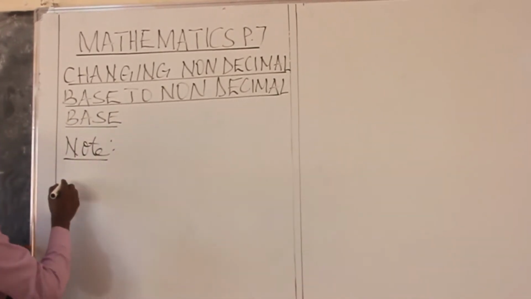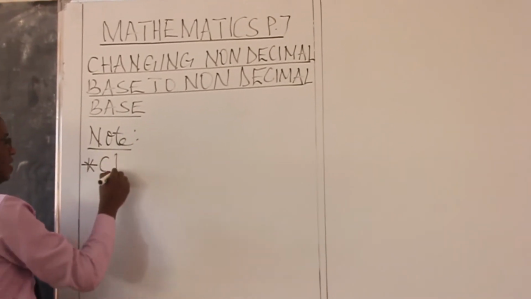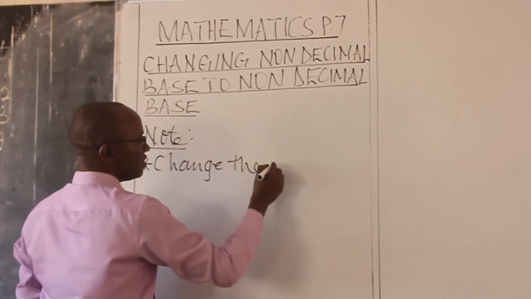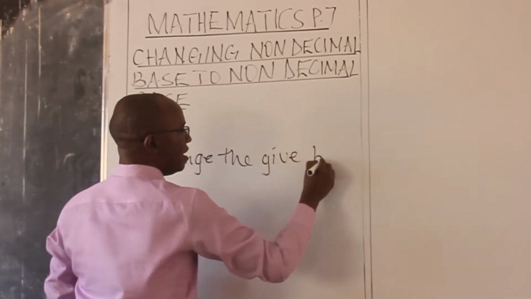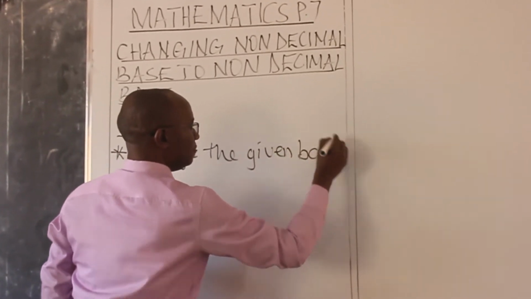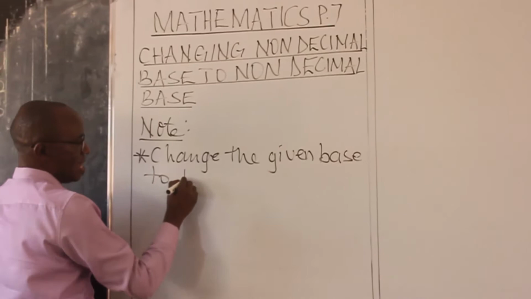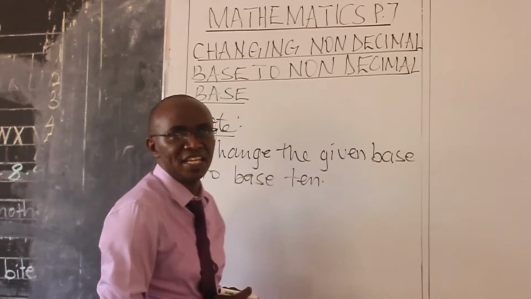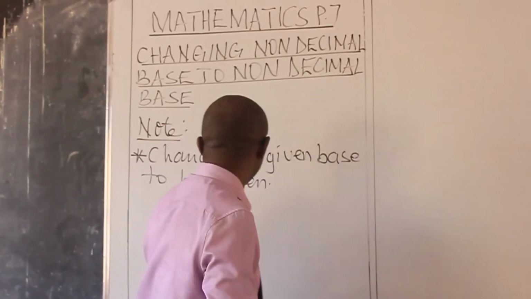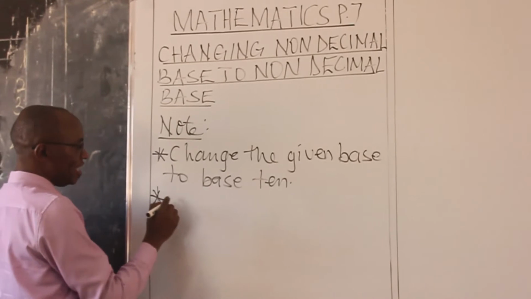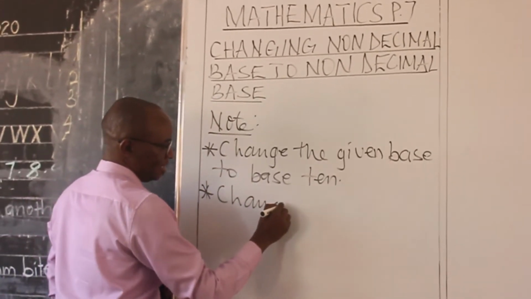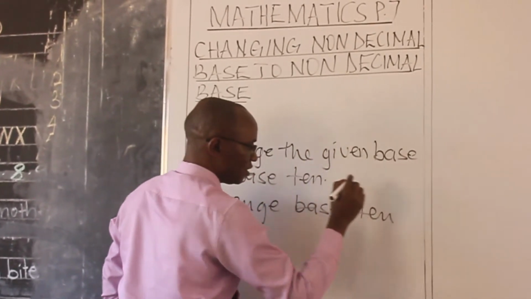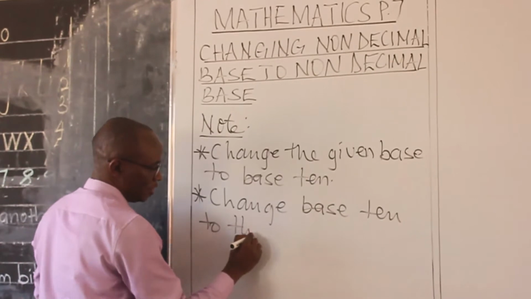The first thing you do is to first change the given base to base 10, or at times you may say to decimal. Change the given base to base 10. Then after that, the last step you are to take is to change base 10 to the required base.